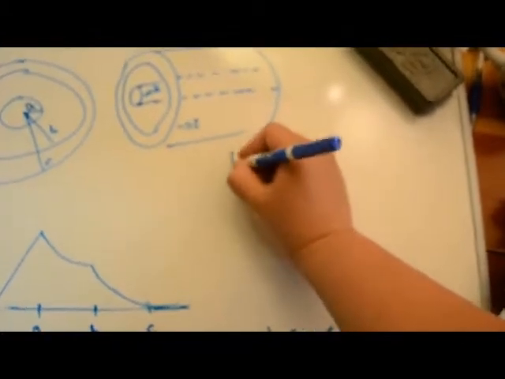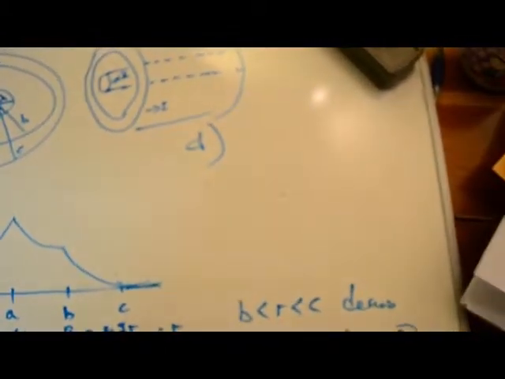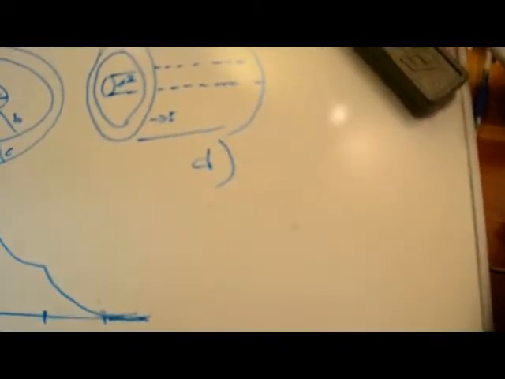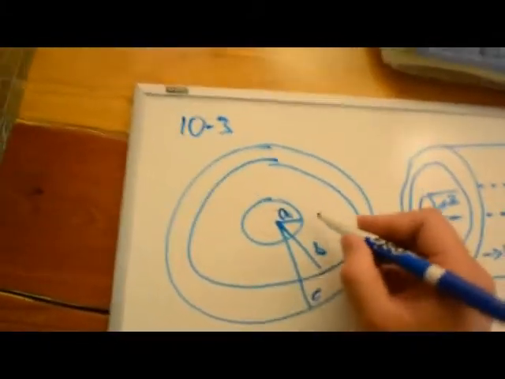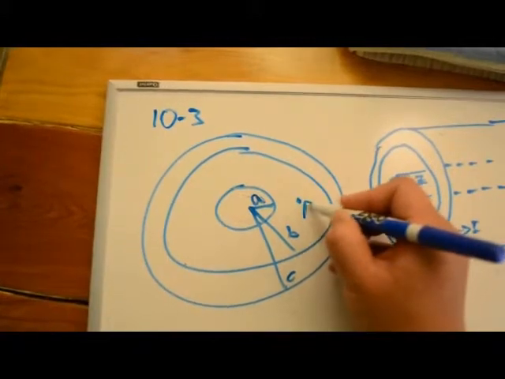Okay, and lastly for part D, it asks for the magnitude of force on the charge Q at P. So on the picture, P is right over here.